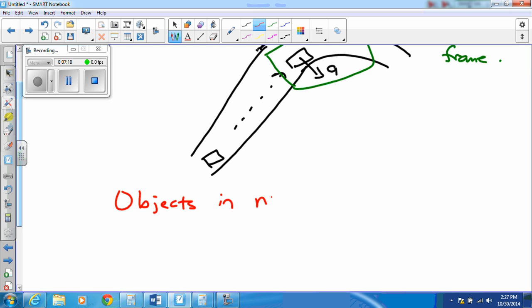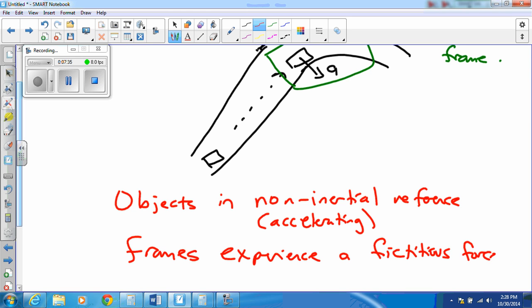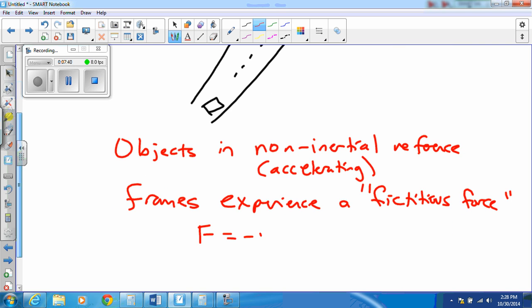Objects in non-inertial or accelerating reference frames experience a fictitious force whose value is equal to negative ma.